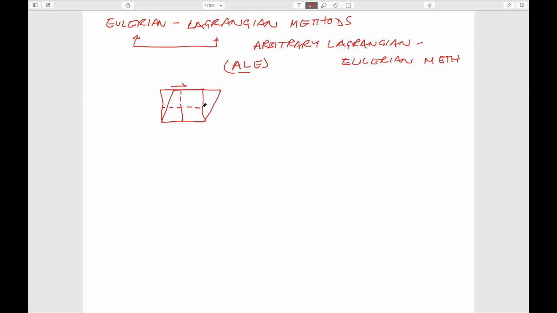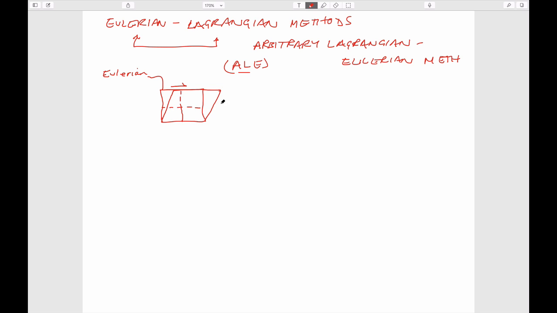And we could attempt to follow that geometry, or we could allow things to move through it. The Eulerian way of solving this would be to take this geometry and hold the mesh constant, and we'd calculate some deformations from the mesh maybe moving through it, and not really accommodate the fact that the mesh is moving through it.